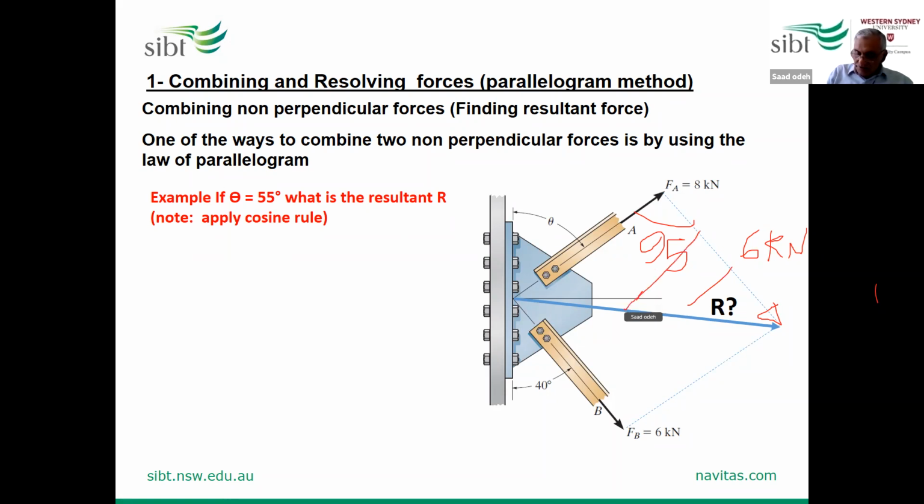What we need to write here, based on the rule, is R squared is equal to the first one, which is FA squared, plus FB squared, minus 2 FA times FB times the angle between them, which is cosine 95.